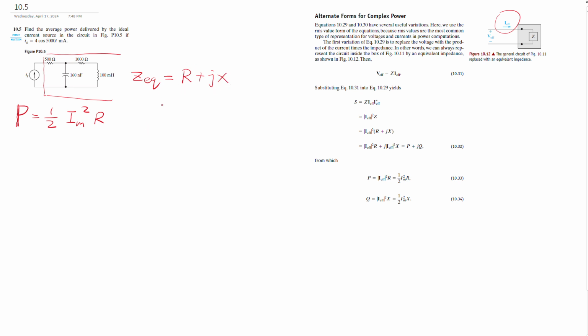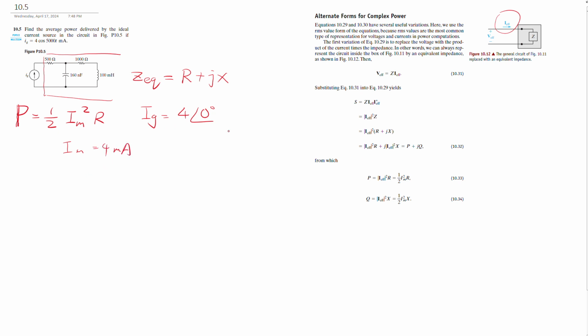We just take the real part of that. And Im is the magnitude, which, if the capital Ig equals 4 at 0 degrees, so here Im equals 4 milliamp.